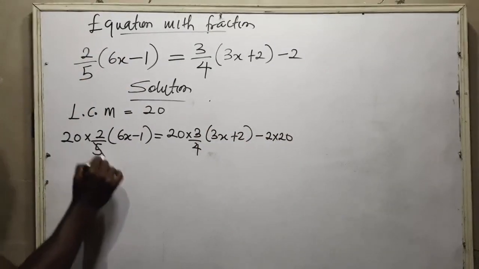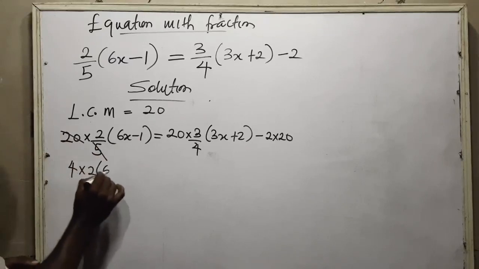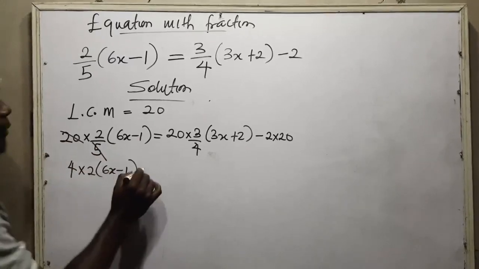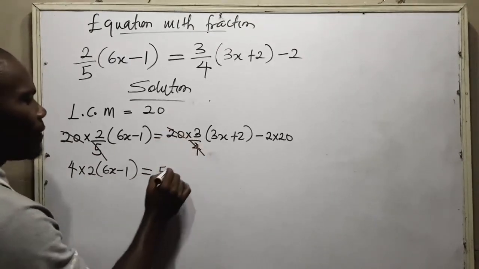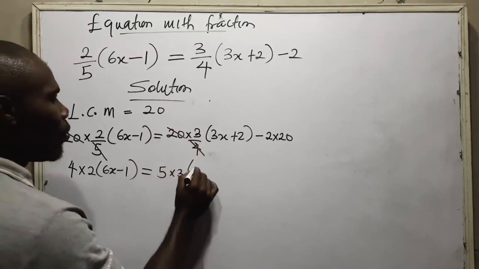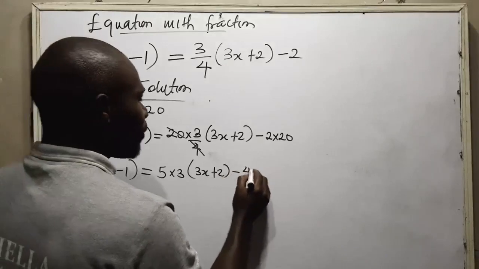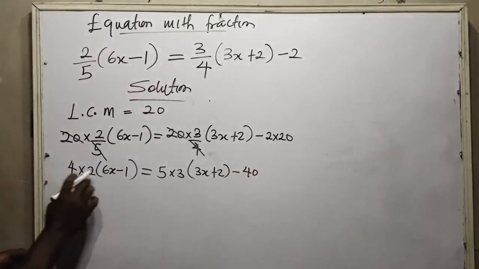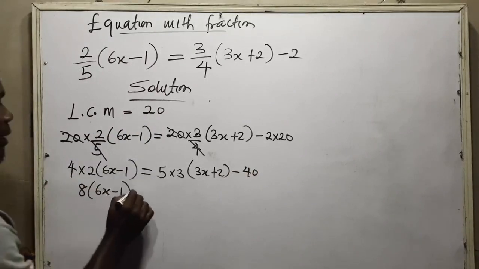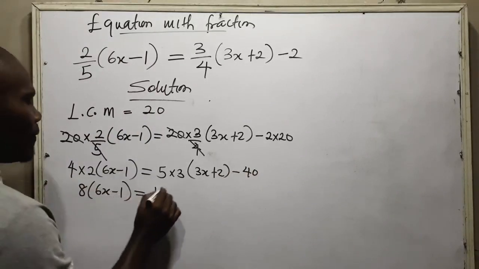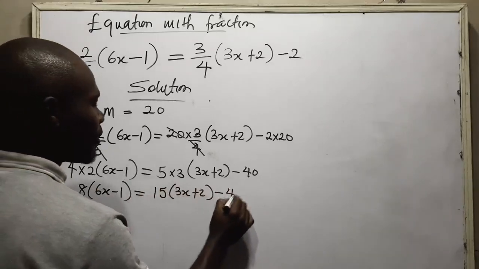So by the time you divide this, we have 4 times 2 onto 6x minus 1 is equal to 5 times 3 onto 3x plus 2 minus 40. So 4 times 2 will give us 8 onto 6x minus 1 is equal to 15 onto 3x plus 2 minus 40.